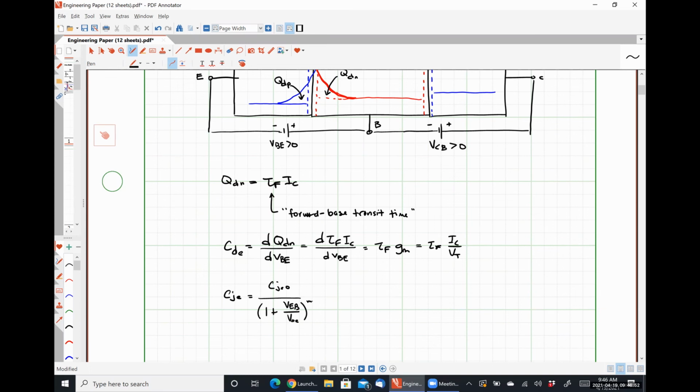CJE naught. So let me write that larger. CJE naught. And to be clear here then, this is V naught E. And our grading coefficient is M.